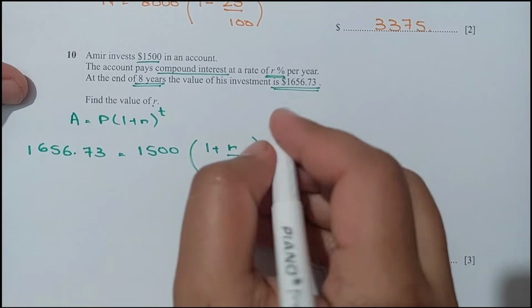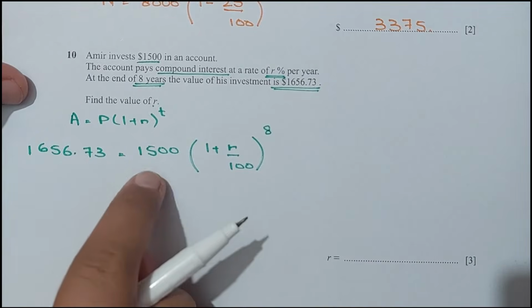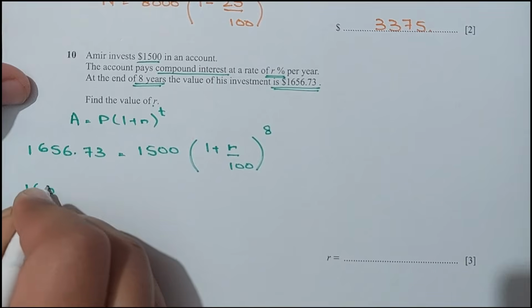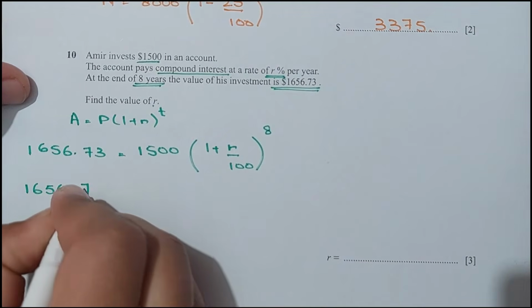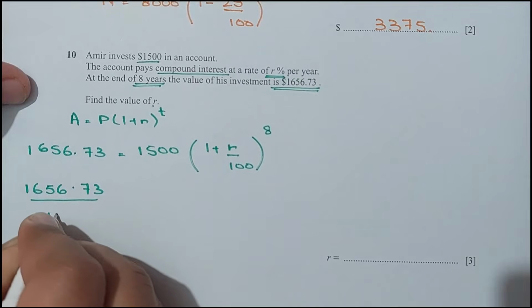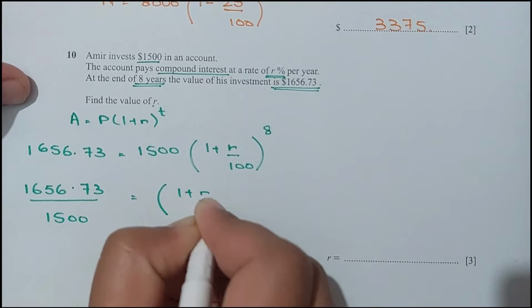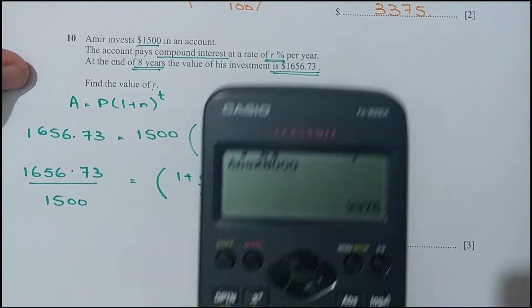So divided by 100, and T is 8 years. All right. Now first divide by 1,500. 1,656.73 divided by 1,500 equals 1 plus R over 100 to the power of 8. Simplify.